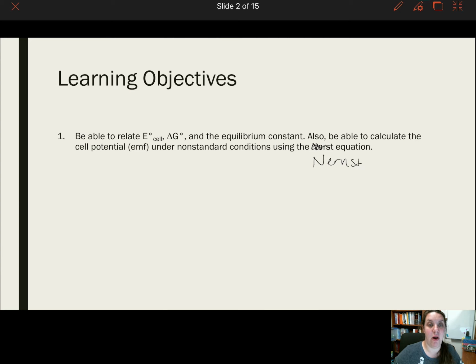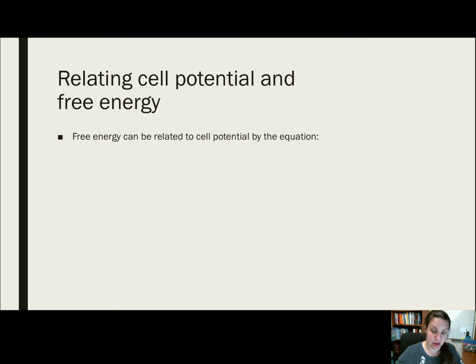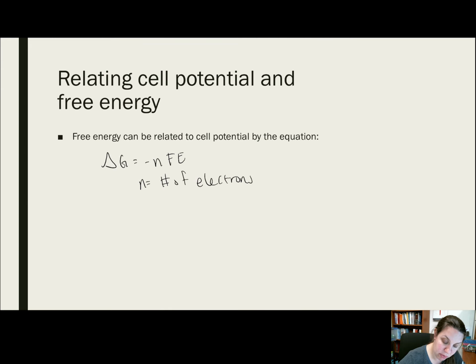Okay, so the equation we use to relate our cell potential with our free energy is delta G is equal to negative NFE, where N is equal to the number of electrons in the balanced equation, or balanced half reaction.